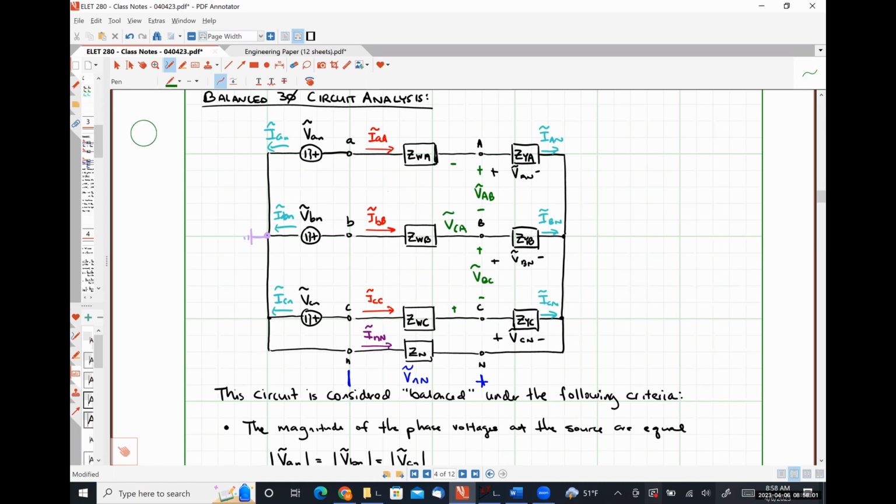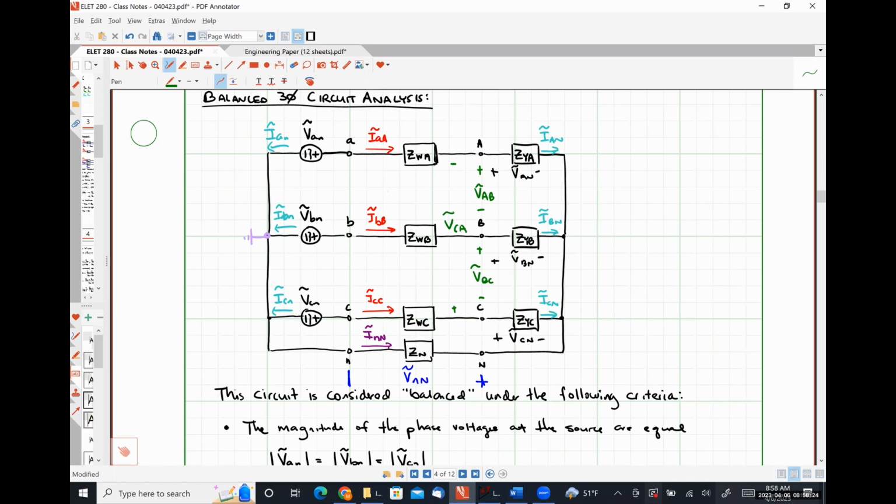In a balanced three-phase system, every line current will have the same magnitude. Every phase voltage will have the same magnitude. Every line voltage will have the same magnitude. Every phase current will have the same magnitude. And everything is just shifted from each other by a factor of 120 degrees. Okay.